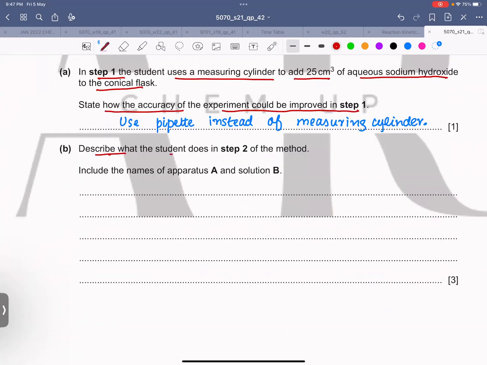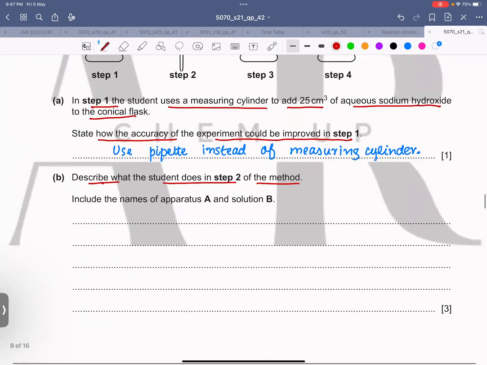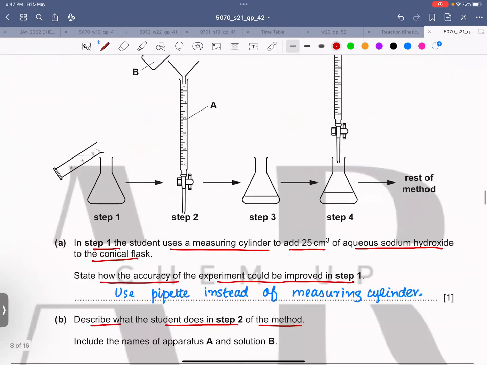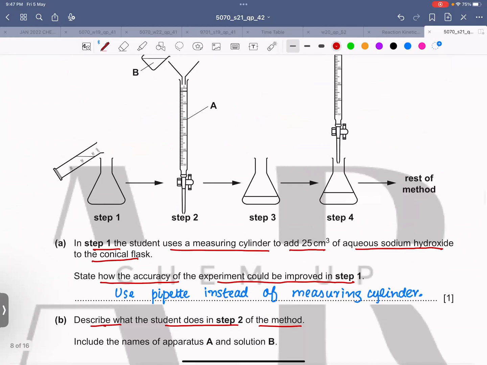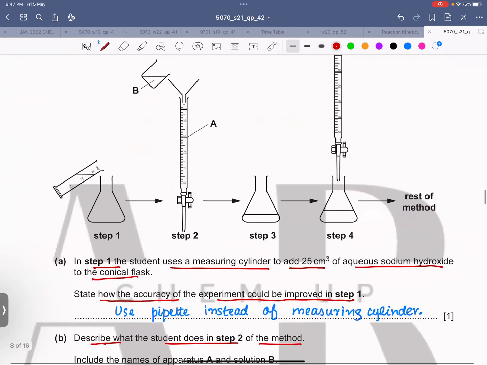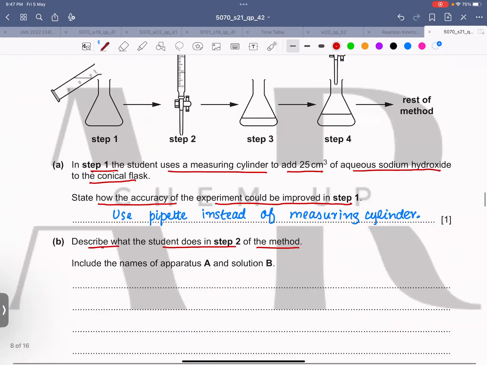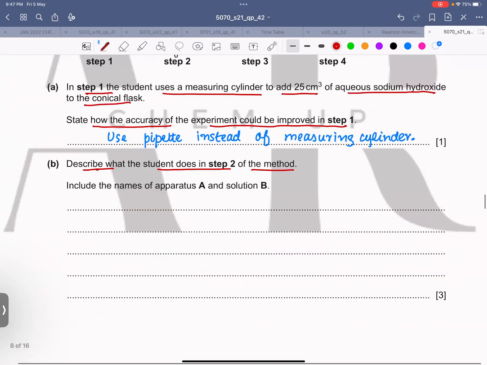Now, describe what the student does in step 2 of the method. So they have labeled two things, B and A, and it's 3 marks, right?